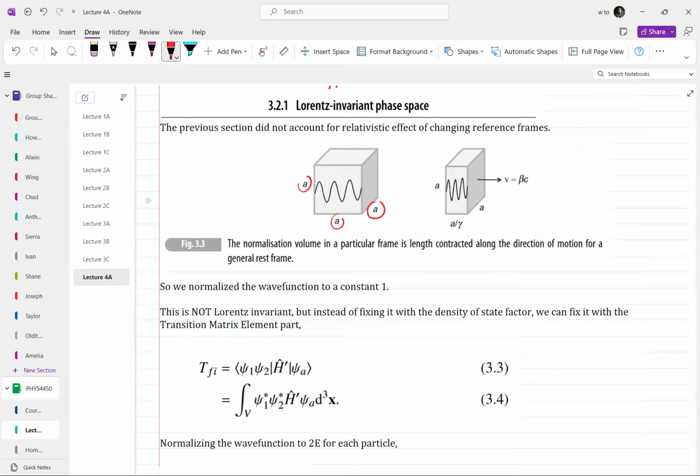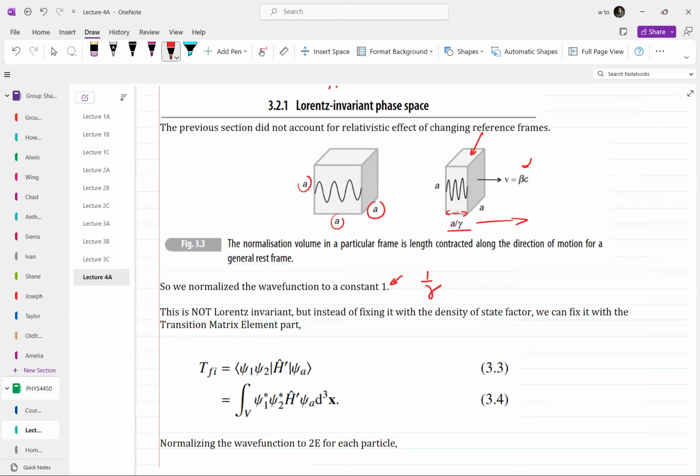If I was going on a different frame of reference, let's say traveling to the right at some velocity beta, what's going to happen is that I'm going to have length contraction along that direction, and all the stuff will be contracted in one direction. So the volume of this is not Lorentz invariant anymore, and so this 1 is actually going to be 1 over gamma instead.